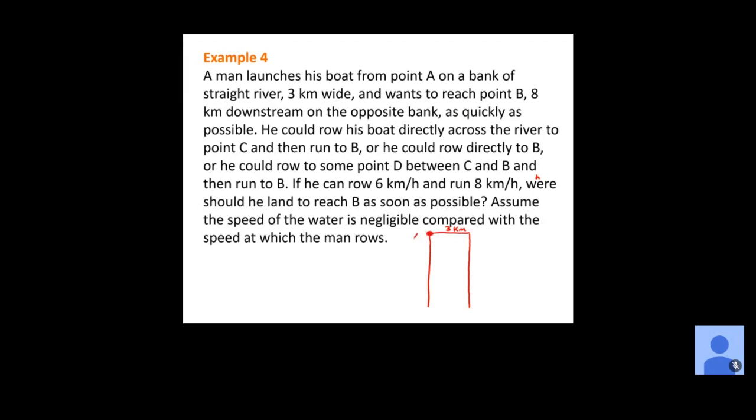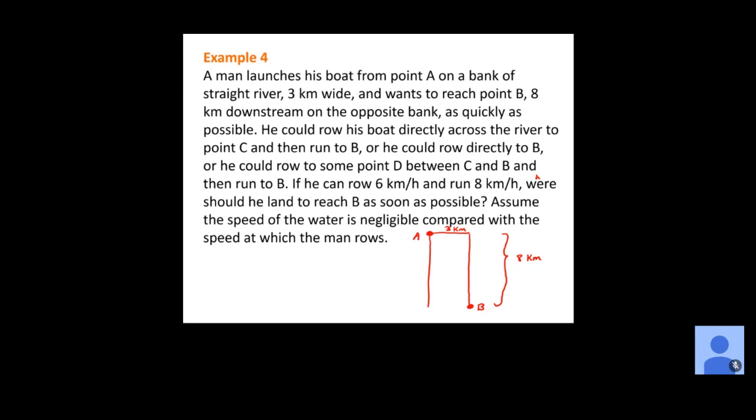That's going to be point A, right? That's his starting location. He's trying to reach point B, which is on the opposite bank and 8 kilometers downstream. So I'm going to put point B down here, and this total distance to point B is going to be 8 kilometers. Okay.